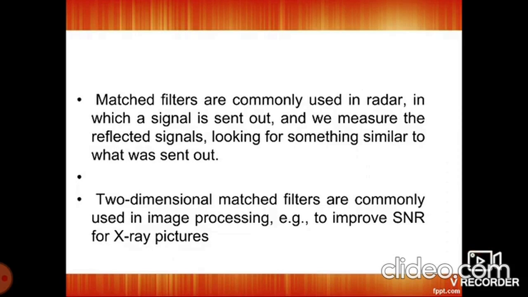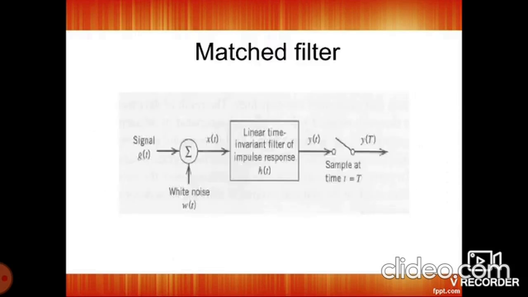Matched filters are commonly used in radar, in which the signal is sent out, and we measure the reflected signals looking for something similar to what we sent out. Two-dimensional matched filters are commonly used in image processing. For example, it is used to improve the SNR of X-ray pictures.